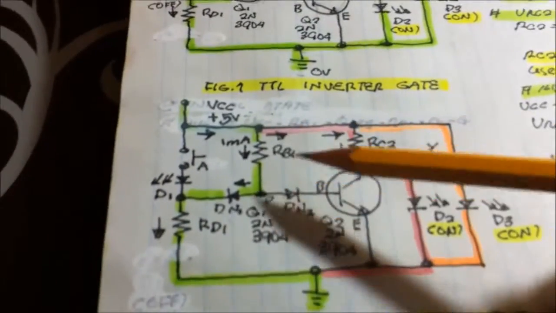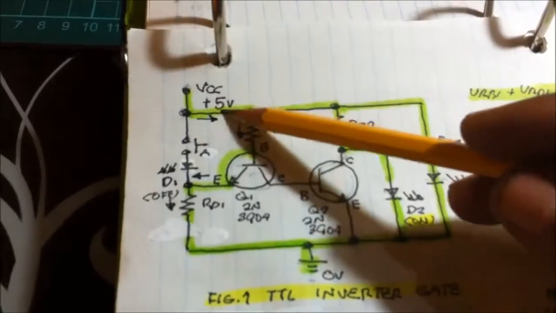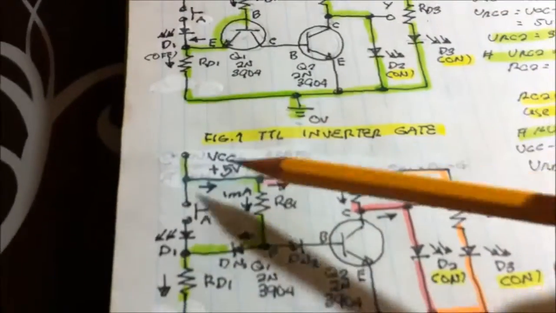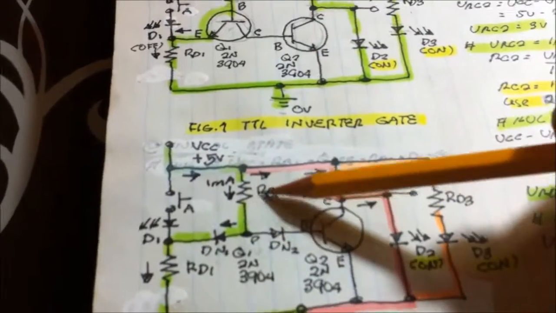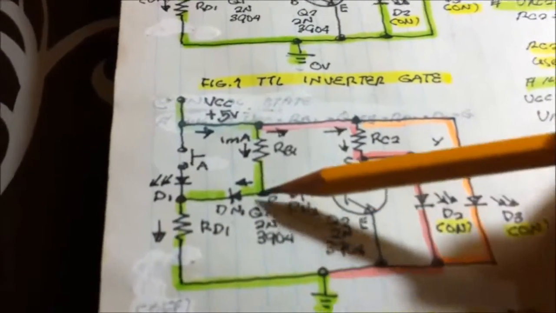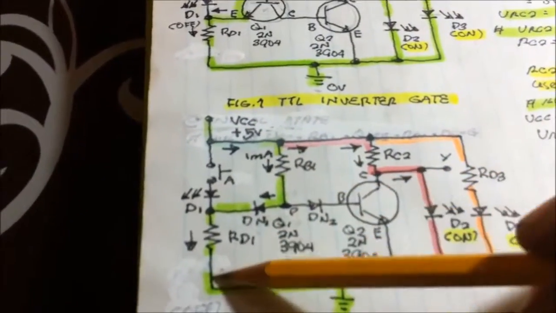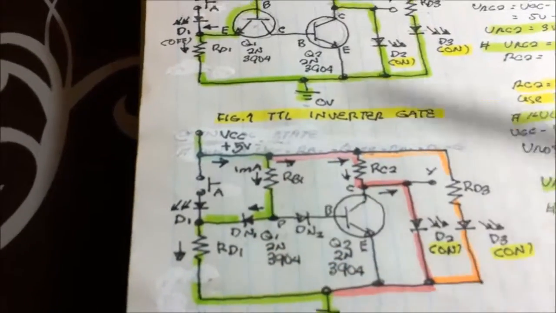At the initial state, this is the initial state of the circuit. Once you power on this 5-volt supply, current flows into the VCC, to the base resistor, to the base emitter of the transistor, and to the RD1.